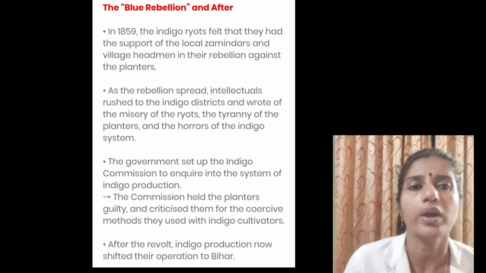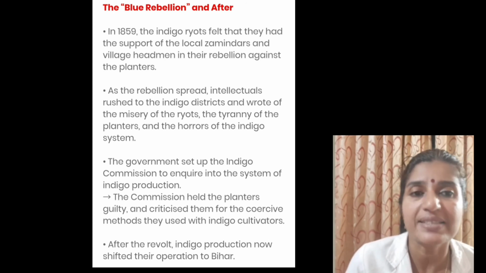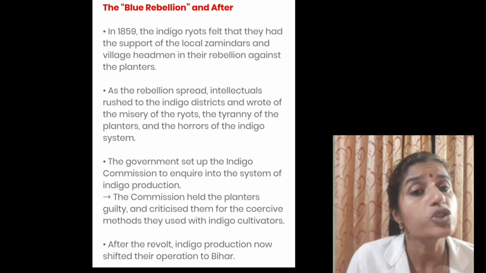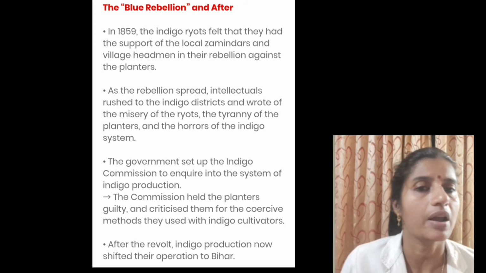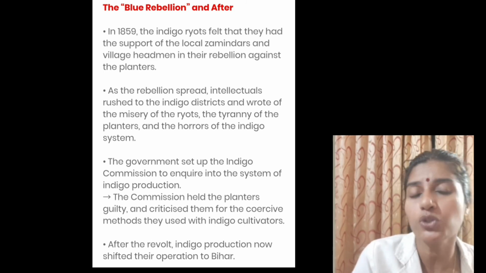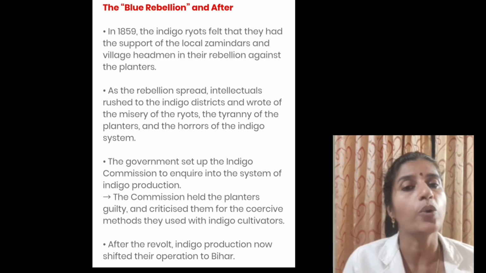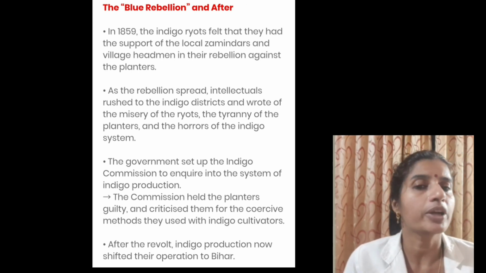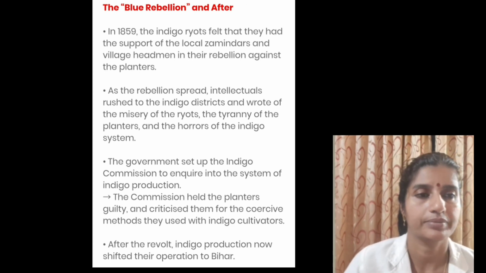According to the inquiry, the commission held the planters guilty and declared that indigo production was not profitable for ryots. The commission asked the ryots to fulfill their existing contracts, but also told them that they could refuse to produce indigo in future. After the revolt, indigo production shifted to Bihar.